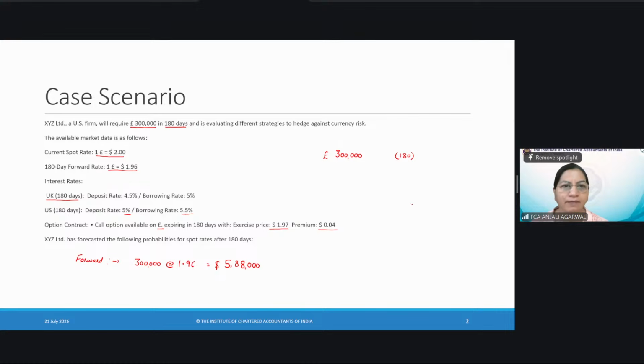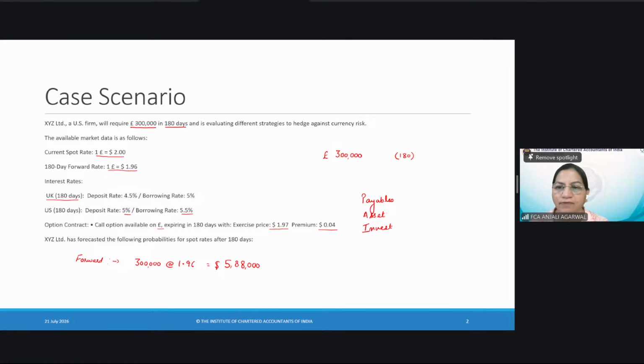If you look at the money market hedge, here we have payables. So we have a liability, therefore we must create an asset. To create an asset, you will have to invest, right? So what is the rule here? We require 300,000 pounds.